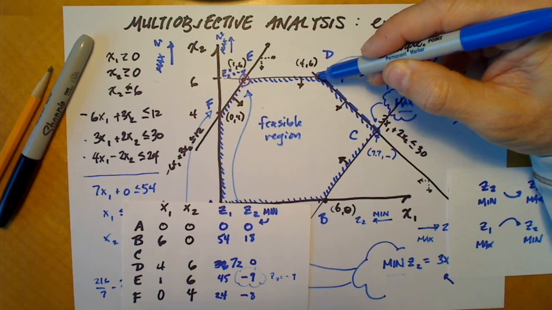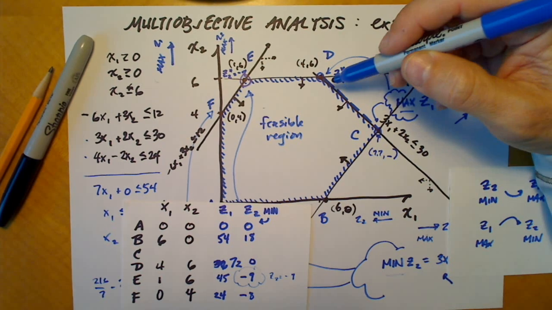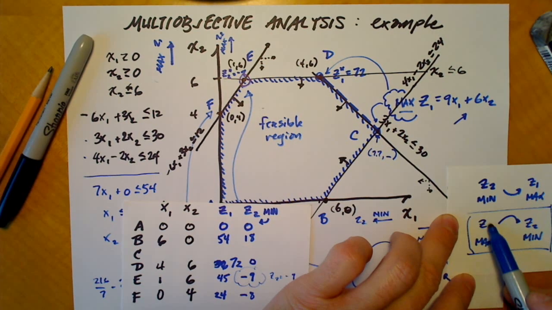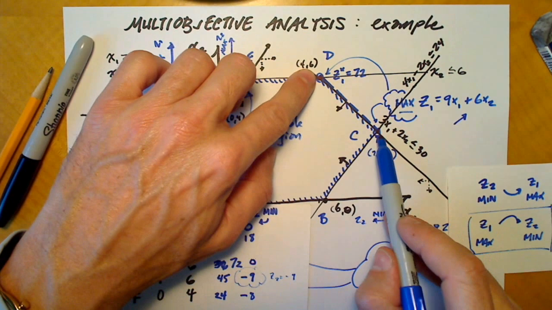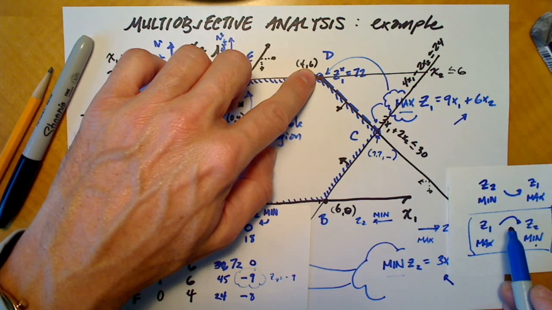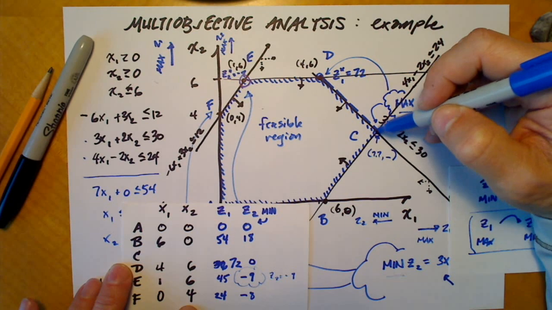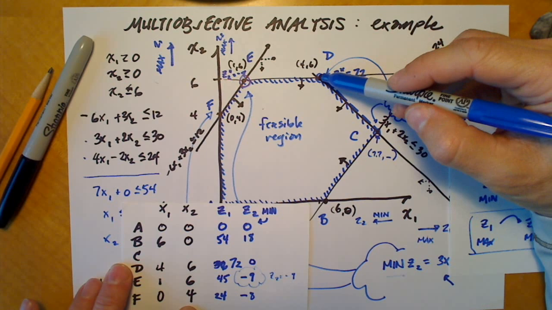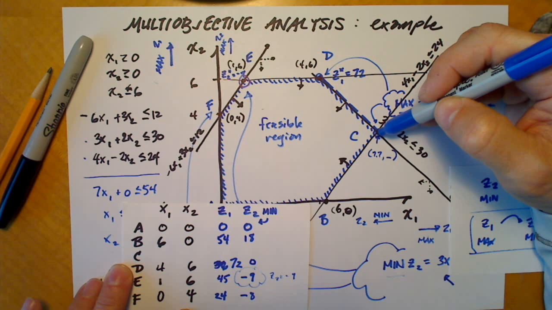But there's no difference between the value of Z1 at C or at D. So if our strategy, according to the constraint method, would be to solve Z1 first, we could pick any combination of x1 and x2 that lies along this line. Then, when we want to minimize Z2, we can see that a preference will emerge for D over C, because the value of Z2, which we're trying to minimize, will be superior at D compared to C.